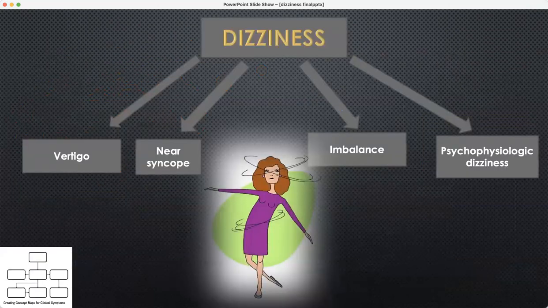If the patient describes their dizziness as near syncope, evaluate syncope. If the patient describes as vertigo, distinguish central versus peripheral. Or if the patient describes as imbalance, evaluate the cerebellum, posterior column, and peripheral nerves.